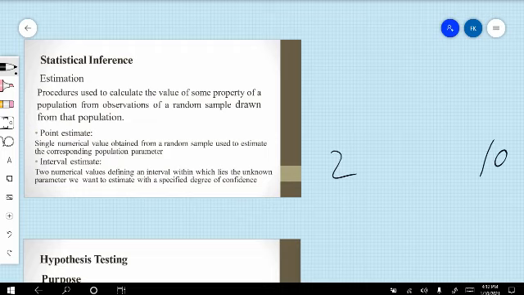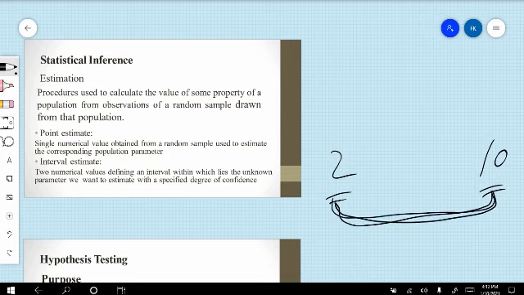These two numerical values define an interval ranging from 2 to 10. Here we suspect that the parameter of the population will lie within this range.